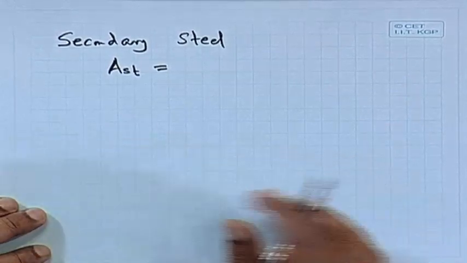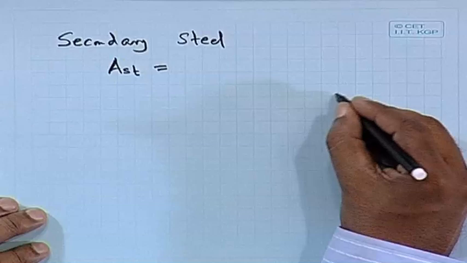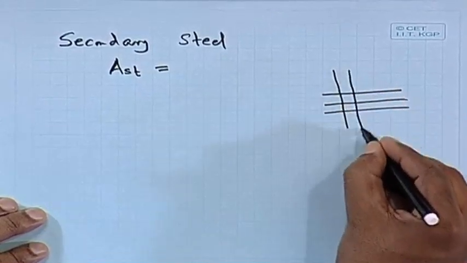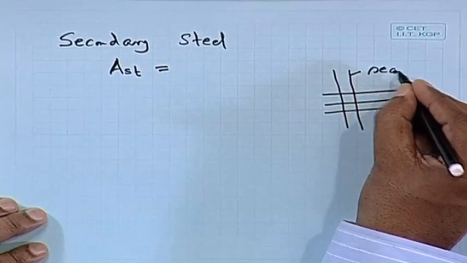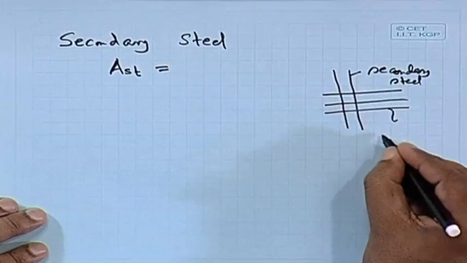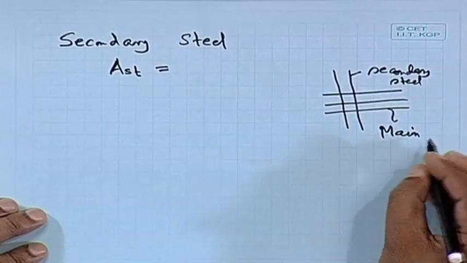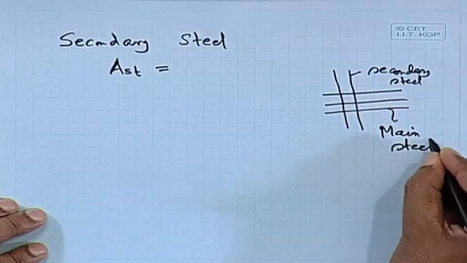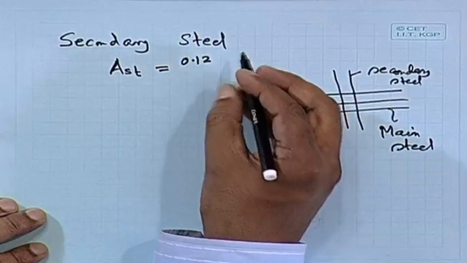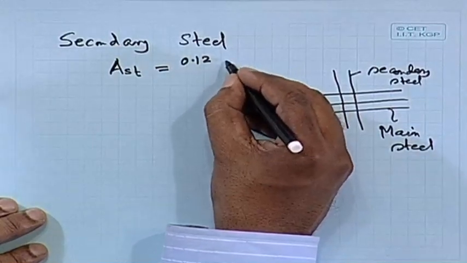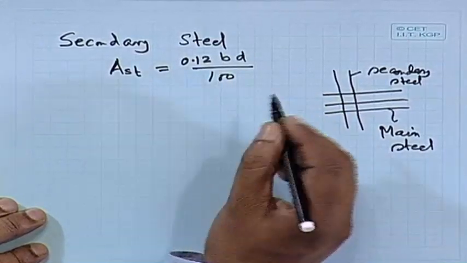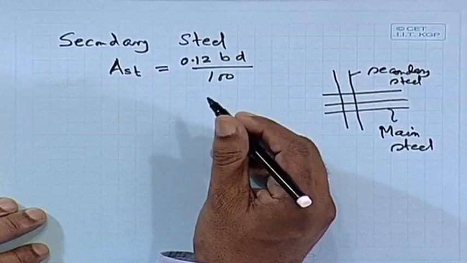Whatever longitudinal steel we are providing along the span, the steel in the other direction is the secondary steel, or we call it distribution steel, and this is the main steel which you compute on the basis of your bending moment. So, AST will be equal to 0.12 percent, that is the minimum you have to provide, times BD. For mild steel it is 0.15, for high strength steel it is 0.12.